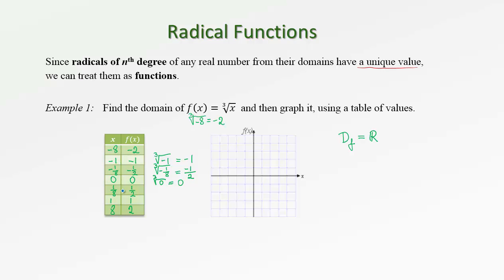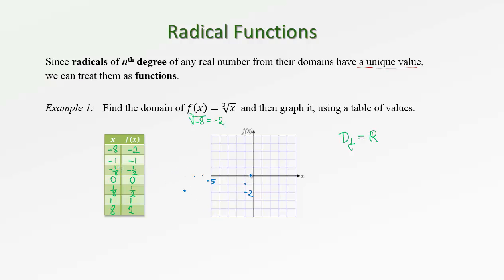Now let's plot all these ordered pairs of numbers. So negative 8, negative 2. This goes out of our grid, but let's erase these extra calculations here and just try to approximate. If this is negative 5, then negative 6, negative 7, negative 8, approximately here. So at negative 8, the value of the function f is negative 2. So we mark a point somewhere here. Then at negative 1, the value is negative 1.